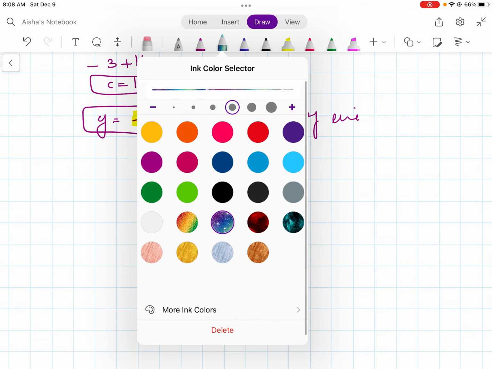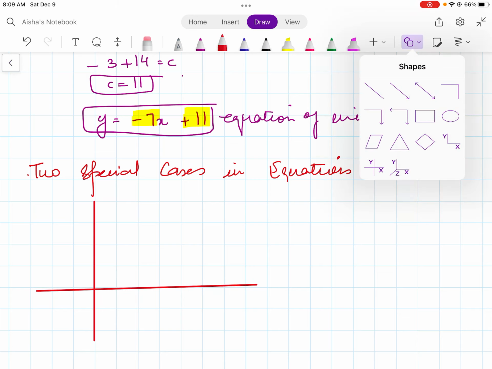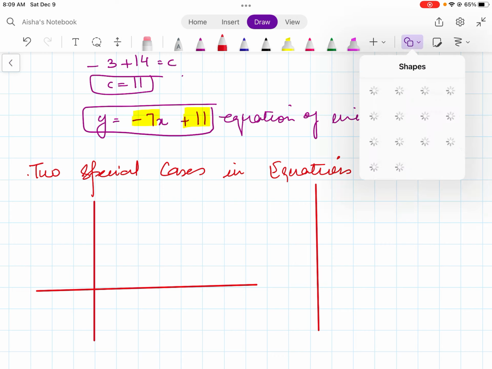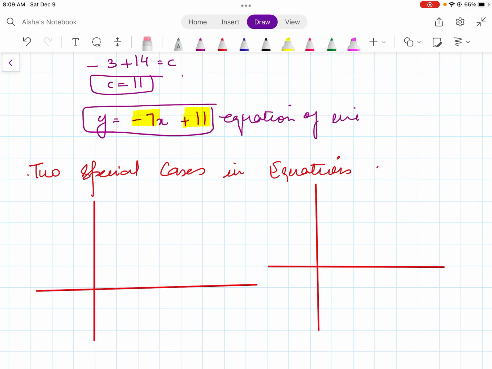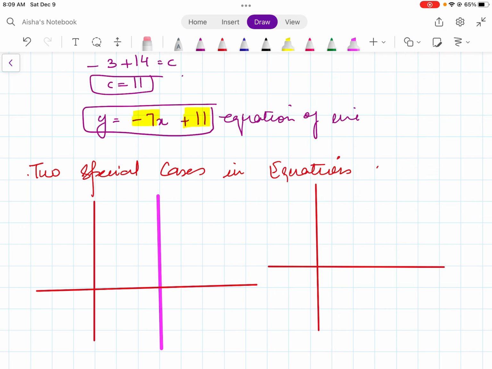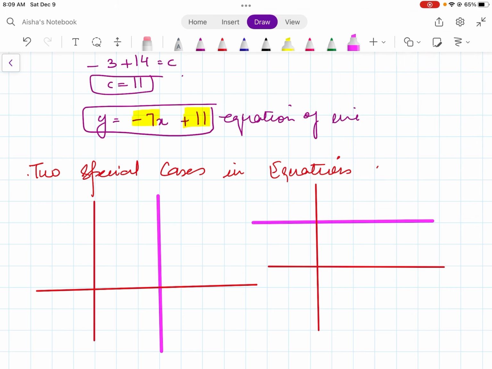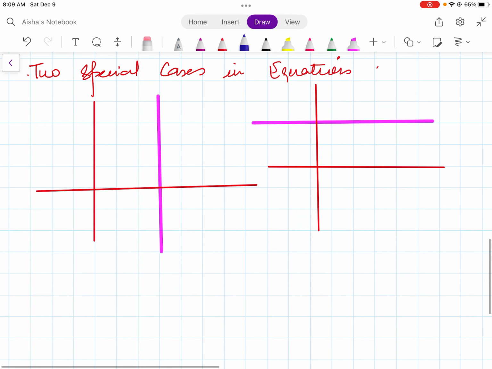Now there are two special cases in equations. If the line is horizontal or if the line is vertical, then what is the equation of the line?